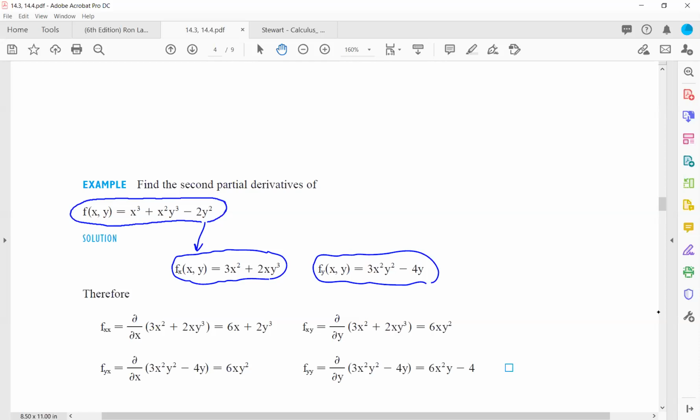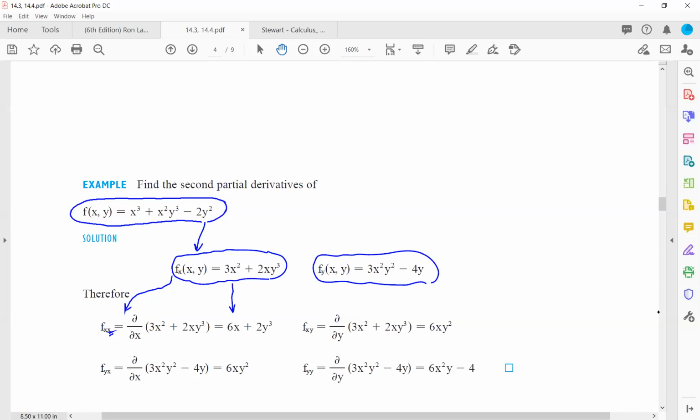Now we want to take the second partial derivative of the function with respect to x. The derivative of 3x squared is 6x.